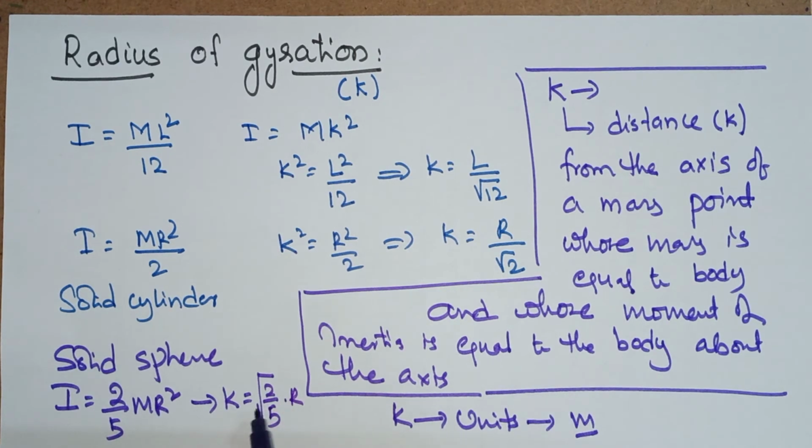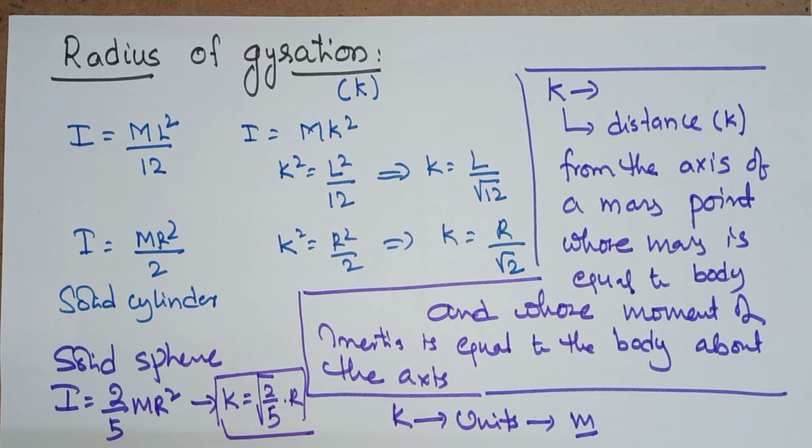Root 2 by 5 into r. This is the radius of gyration. So the moment of inertia also depends on this value, called the radius of gyration. It is a distance. We consider a mass point equal to the mass of the body, with a moment of inertia equivalent to the total moment of inertia.